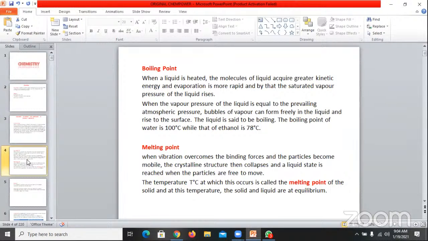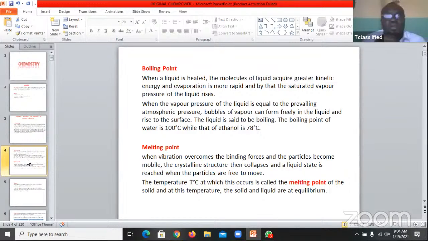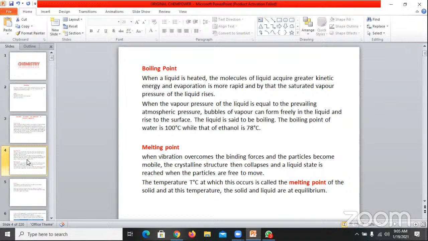You're going to see questions in the objective questions asking you, how do you determine whether a substance is pure? What parameters can you use in determining whether your substance is pure? Can you give three of such? You can use a thermometer. Okay. Yeah, you can use a thermometer to measure temperature, very important.